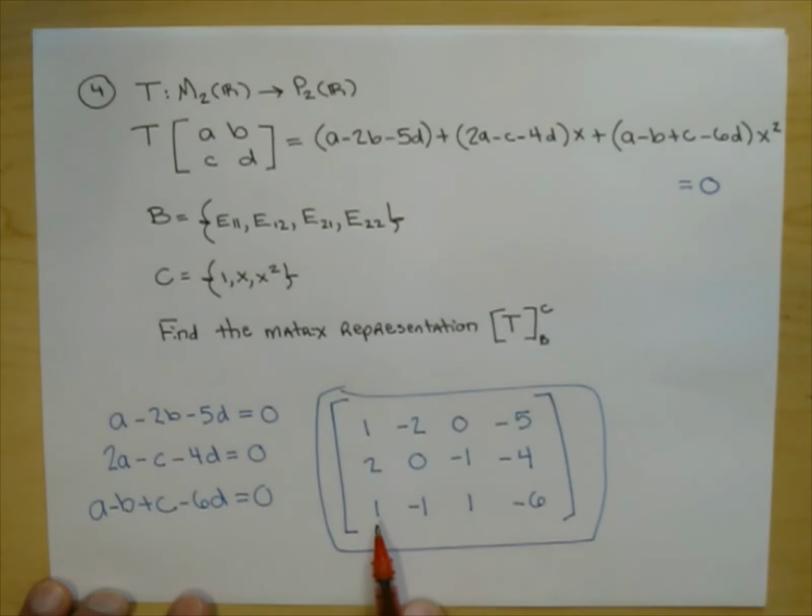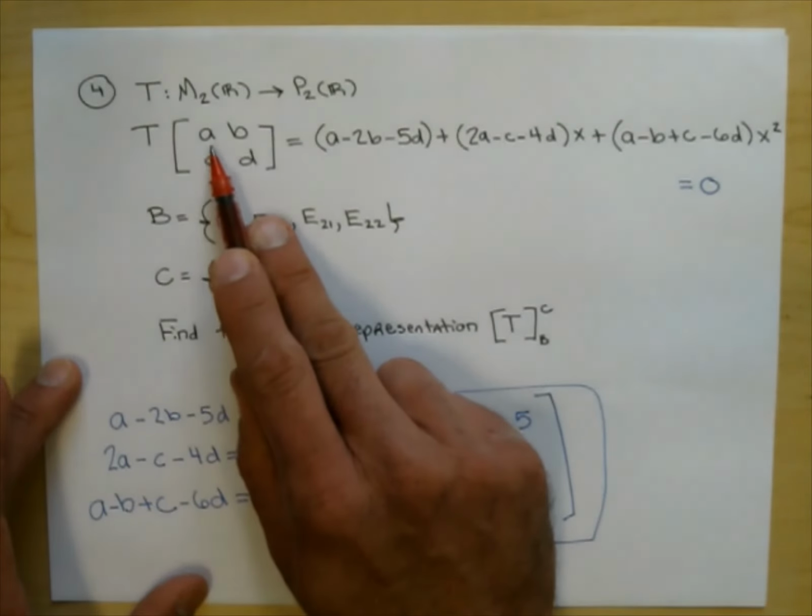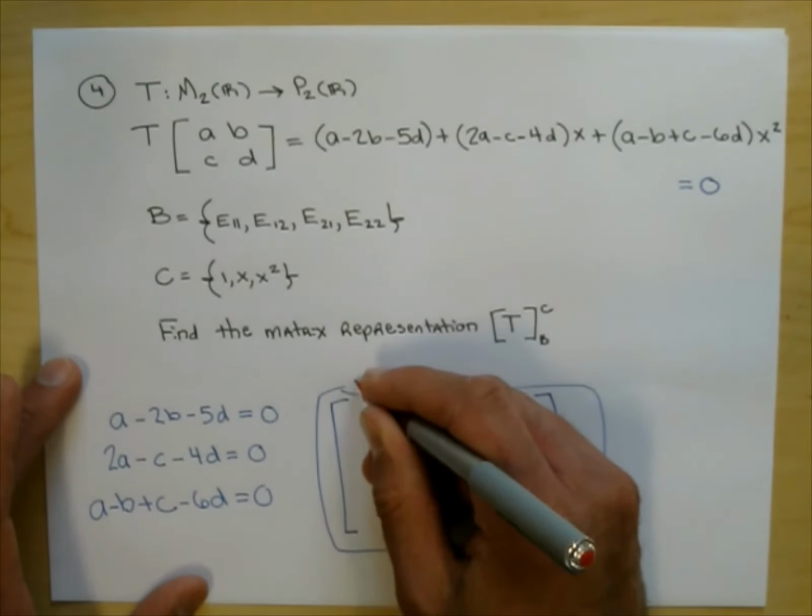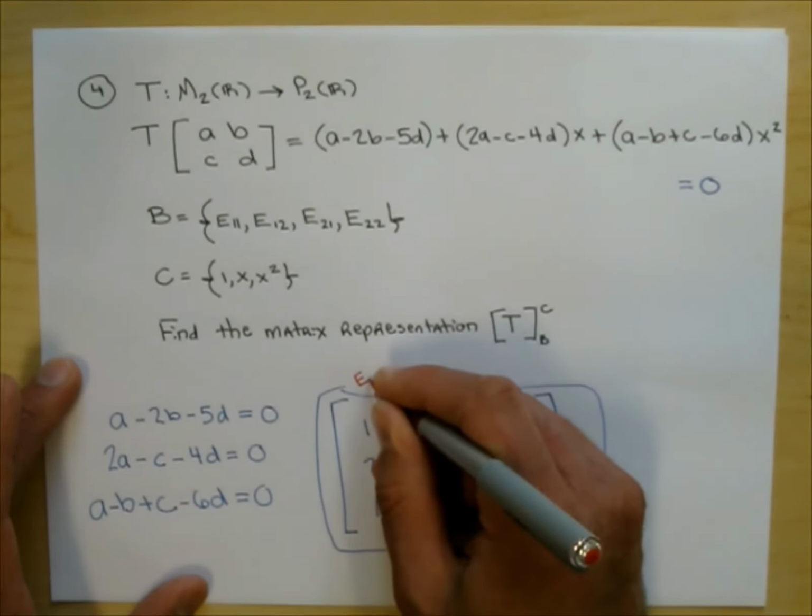This column represents A. It came from the A's; see there's a 1A, 2A, 1A. A represents the element in the first row, first column, the one that corresponds to E11.